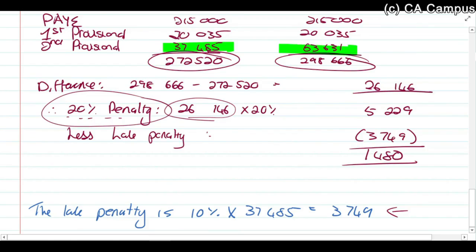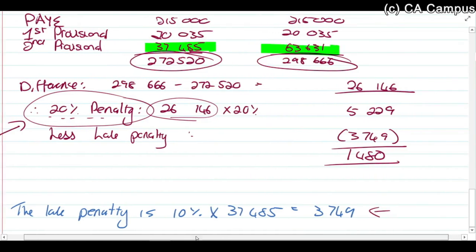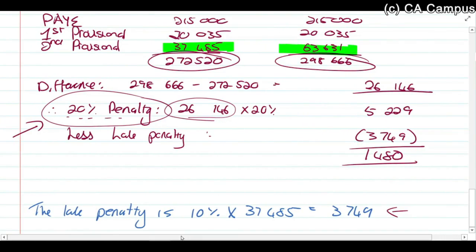The late payment penalty will pop out immediately. The moment she doesn't pay it on the 28th of February 2022, they'll calculate that. From an academic perspective, we obviously can't do it in that way. That's why they just provide you the information from the start.